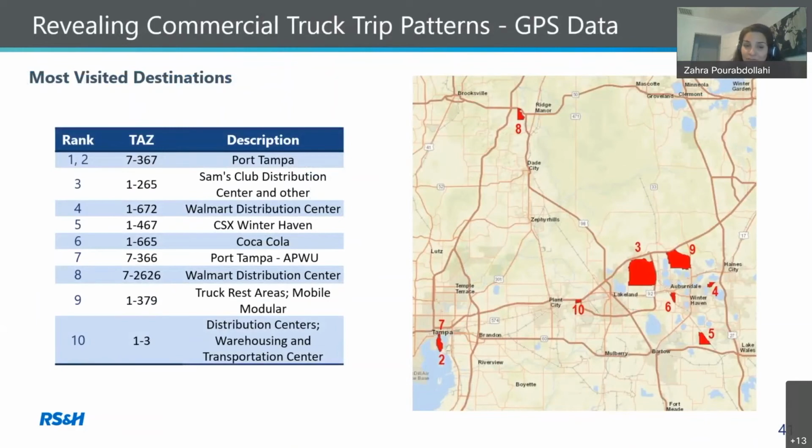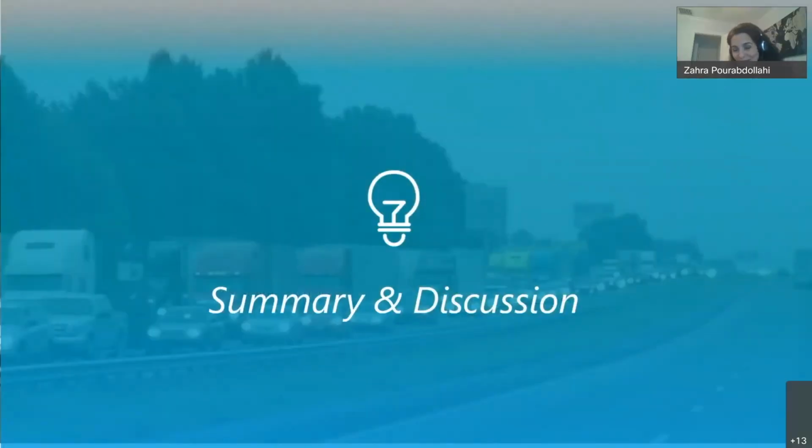And there are distribution centers, warehouses, intermodal yards, and also truck rest areas and mobile modular facilities that use empty containers to build other things. So that was basically the end of the applications.